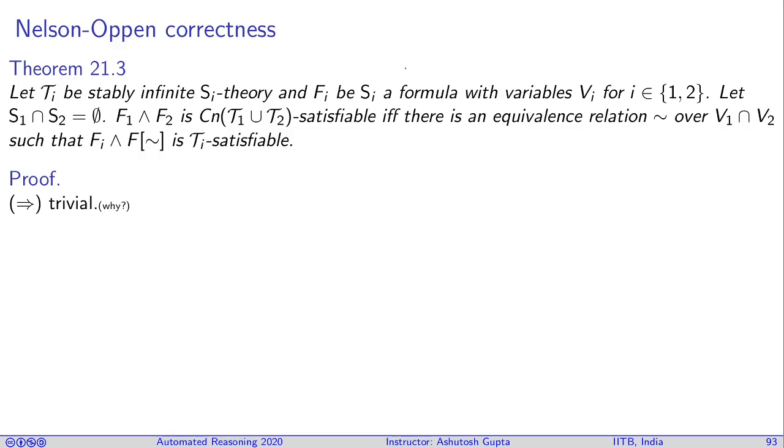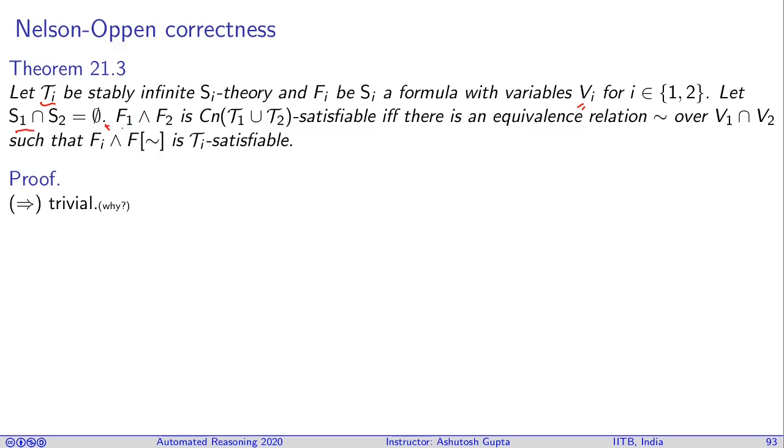Now we continue. Let Ti be a stably infinite theory, and Fi be a formula with variables Vi, and let S1 intersection S2 be empty. Signatures have no common symbols, right?